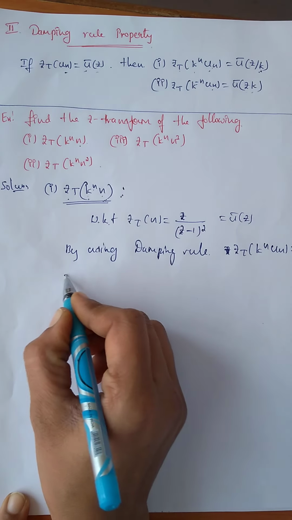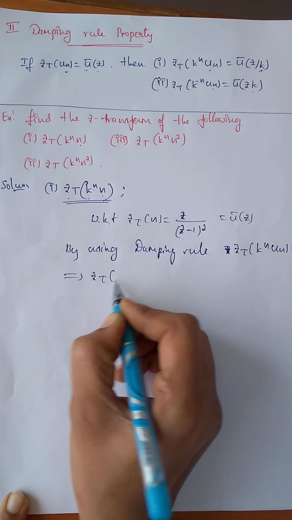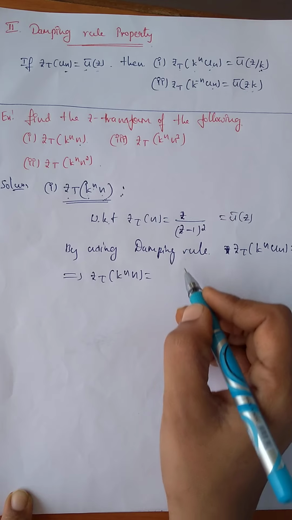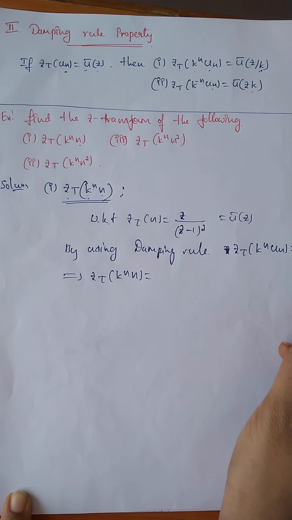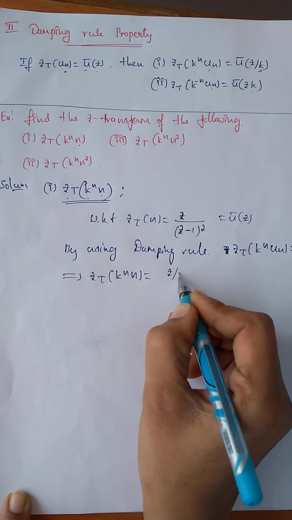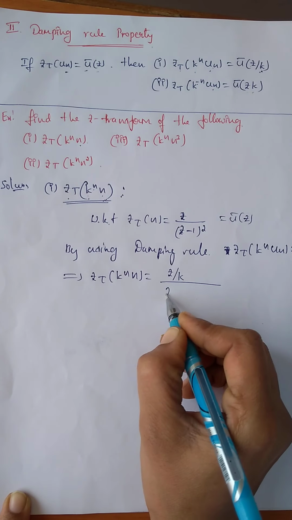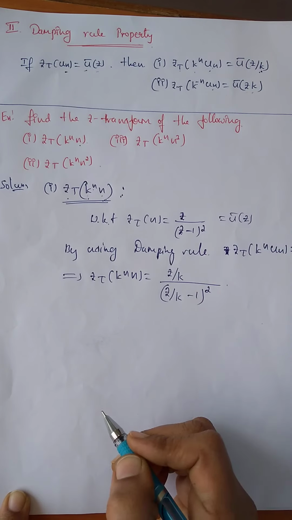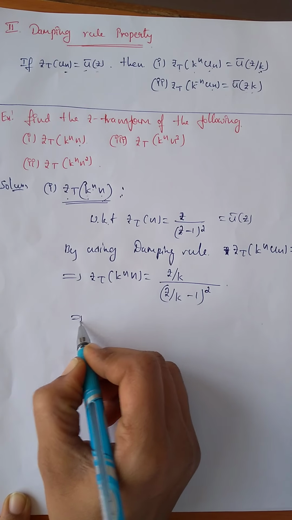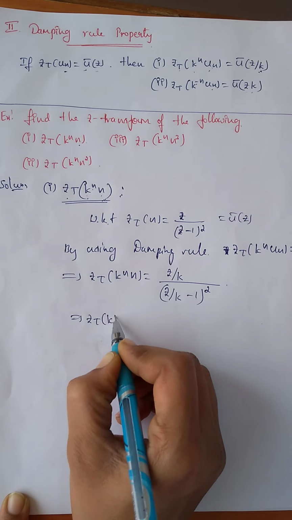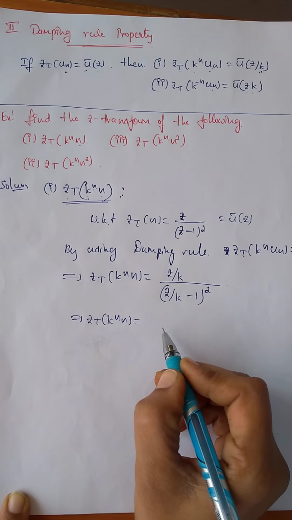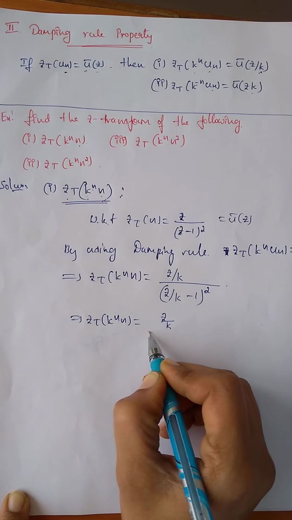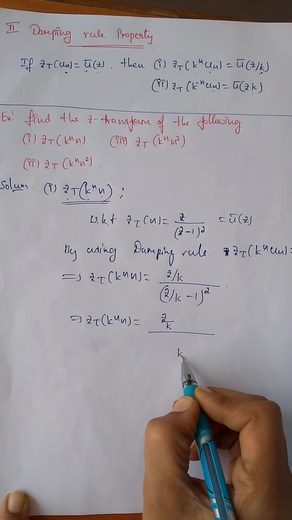By using this property, we will get the answer for Z transform of k to the power of n into n. Z transform of k to the power of n into n is equal to, I am going to replace z by z divided by k. We will get z divided by k in the numerator and z divided by k minus 1 whole square in the denominator. Next, simplify this. In the denominator we can take k as LCM.